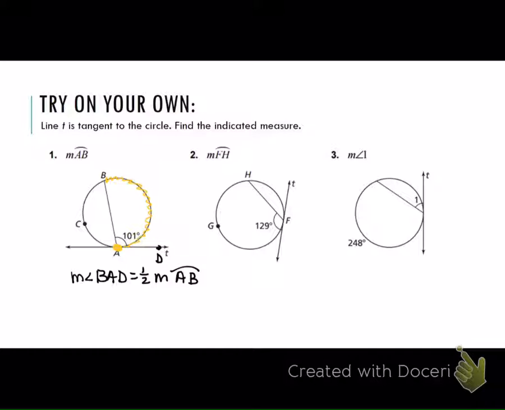That's not even named right, but that's okay. So what is the measure of BAD? Guys, so we know that the measure of the arc is 202 degrees. So arc AB is 202 degrees.